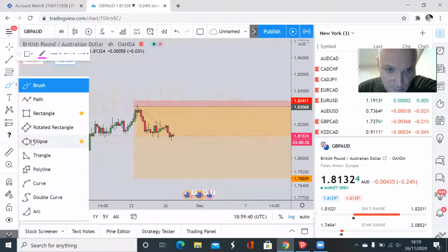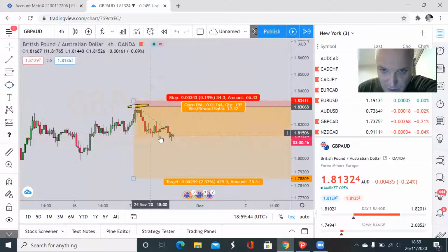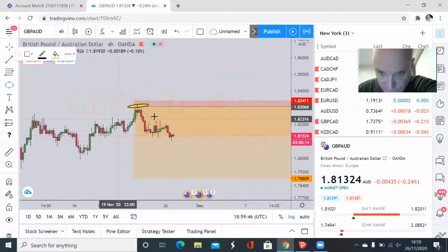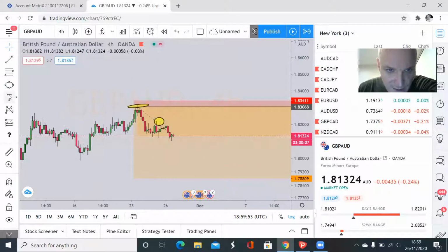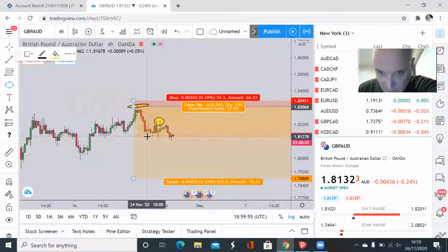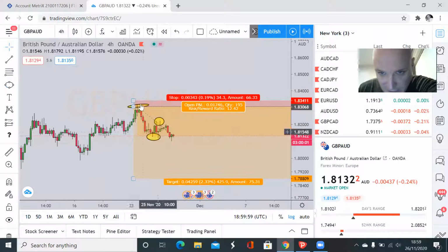Let's just get the ellipse. We've got a high point, okay, and then we've come down. We've created a lower high, sorry, and then again got some areas here. So we're coming down in a zigzag motion, okay.